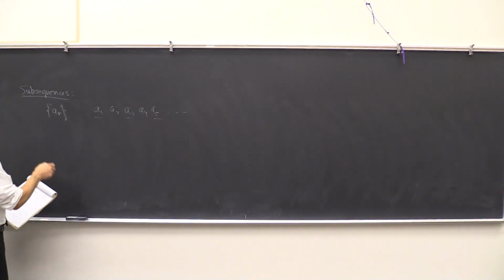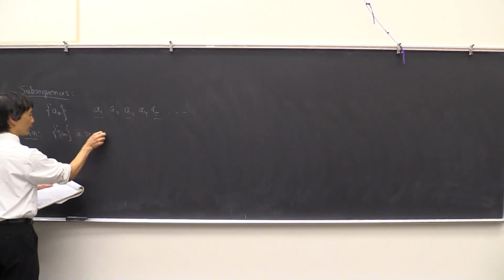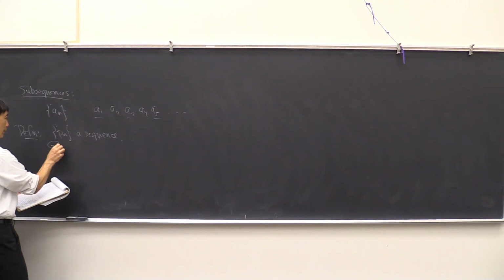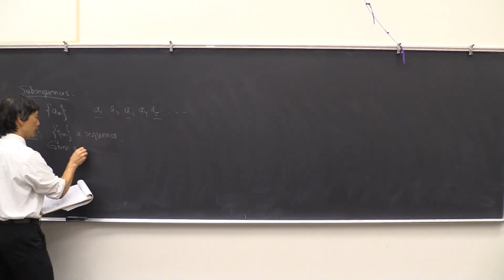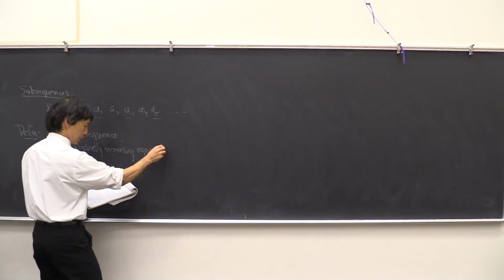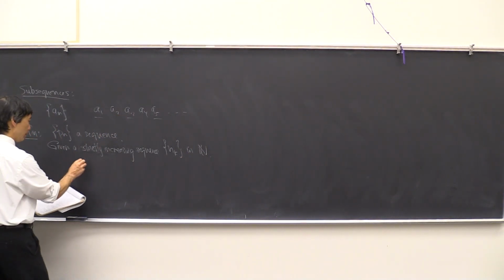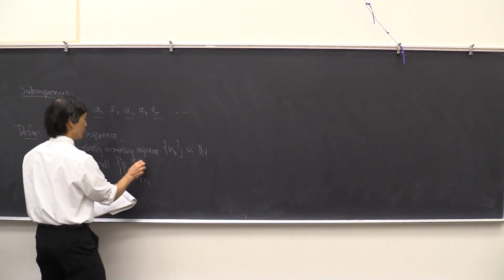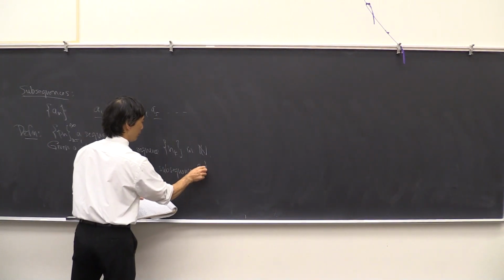So the formal definition is: you have a sequence, P sub n, and given a strictly increasing sequence n sub k of natural numbers, we call P sub n sub k, as k ranges from 1 to infinity, a subsequence of P sub n.